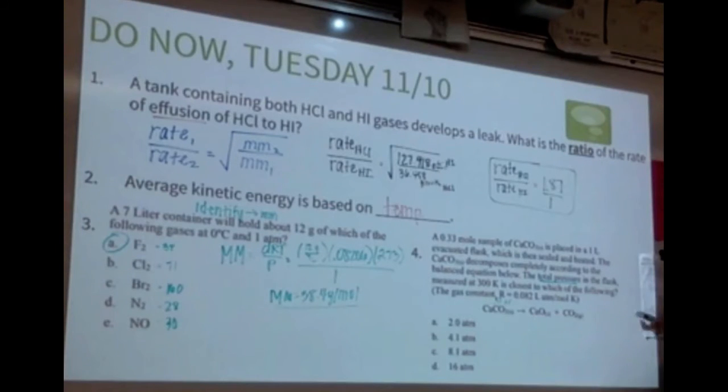There's only one state of matter that affects pressure. What's the one state of matter that affects pressure? Gases. So the only thing that will affect pressure is CO2. Calcium carbonate, not going to affect pressure, it's a solid. Calcium oxide, not going to affect pressure, it's a solid.